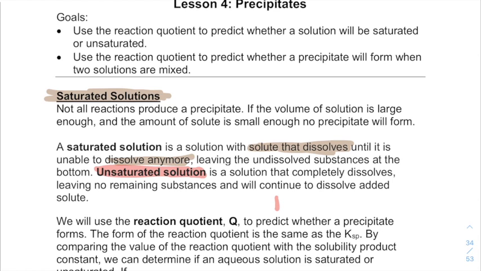Thinking about our reaction quotient, let's think about the equilibrium because that still applies. You have some solid, right? And that solid is being broken apart. Let's call it AB just so we have something to deal with here. So we have a solid AB and it's separating into some sort of positive aqueous ion and some sort of negative aqueous ion.